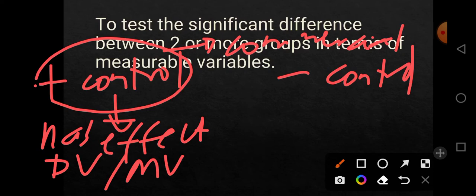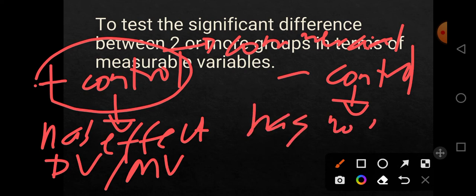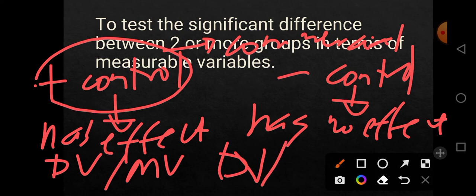Now the negative control group, on the other hand, is the usual thing we apply that doesn't exhibit any effect. So it has no effect. Contrary to the positive control group, the negative control group has no effect on the dependent variable or measurable variable of the IV. So that will be the difference.